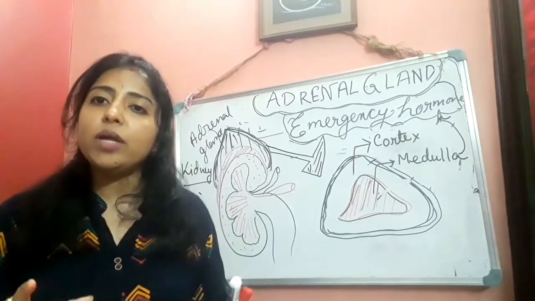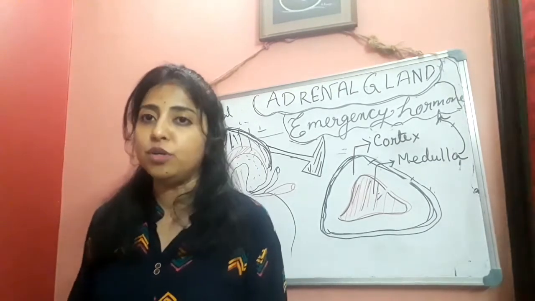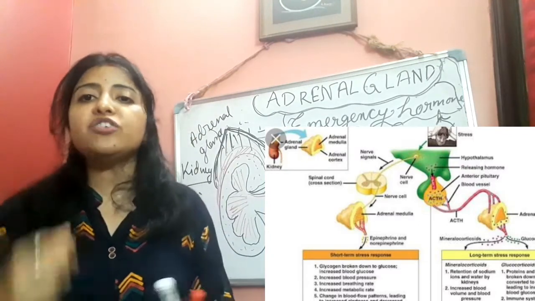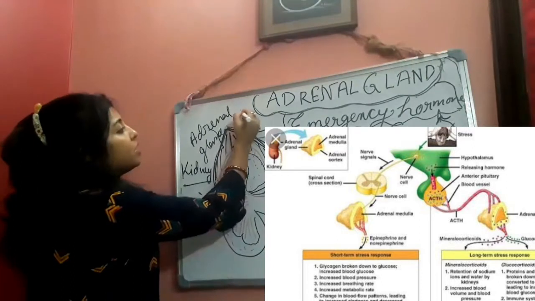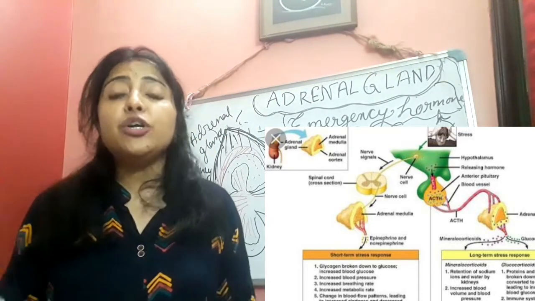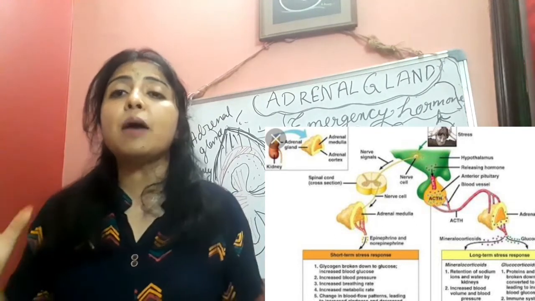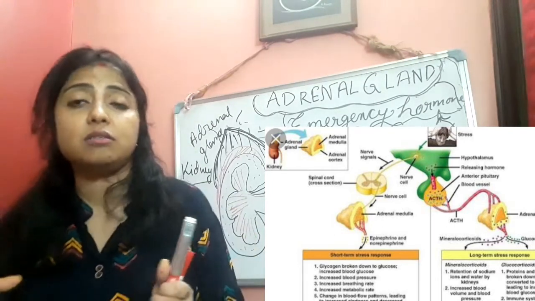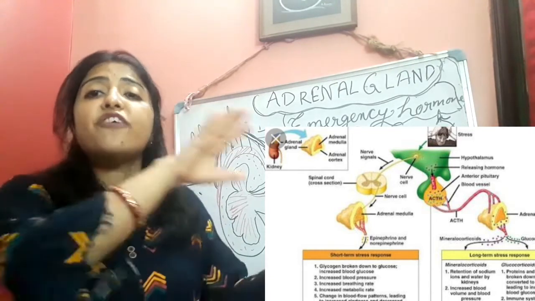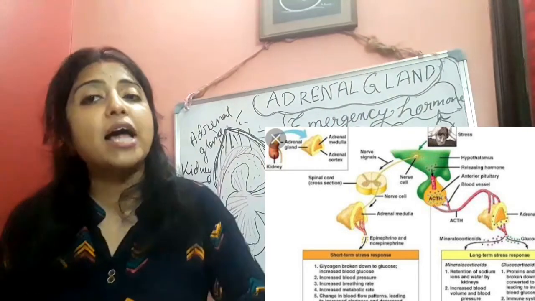Clear? They will also be known as neurohormone. Neurotransmitter. What is that? Neurotransmitter means from the terminal end of a neuron or axon, some kinds of chemical substance will be secreted for transmitting the nerve impulse from one nerve to another.